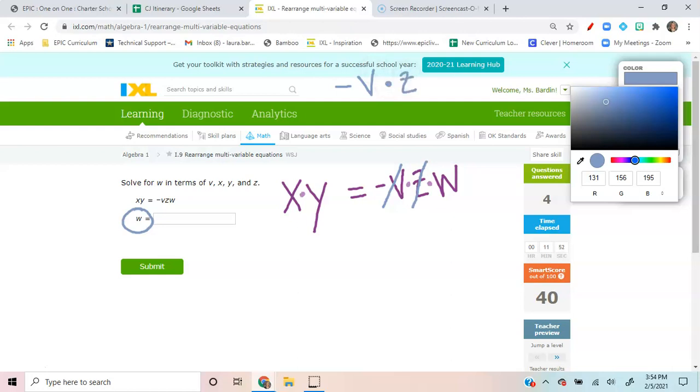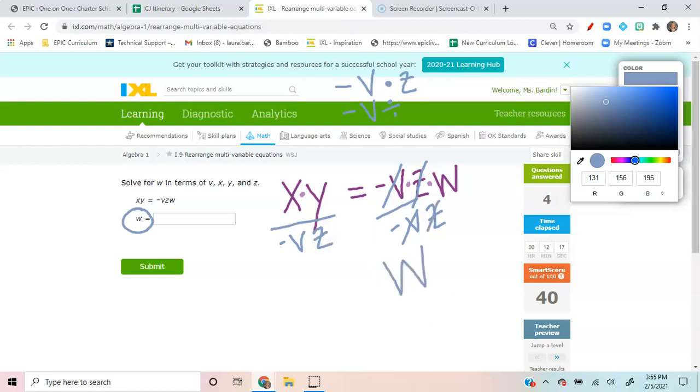What is the opposite? Divide by a negative v. So I must divide by a negative v. That will cancel out the two v's. What is the opposite of times z? Divide by z. What I do to one side, I have to do to the other.